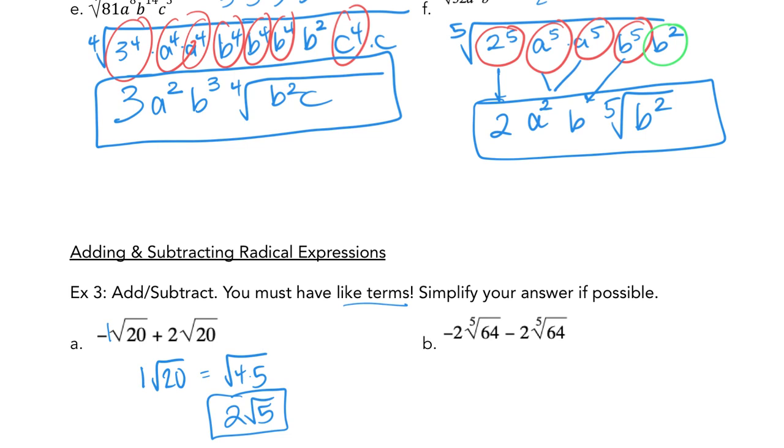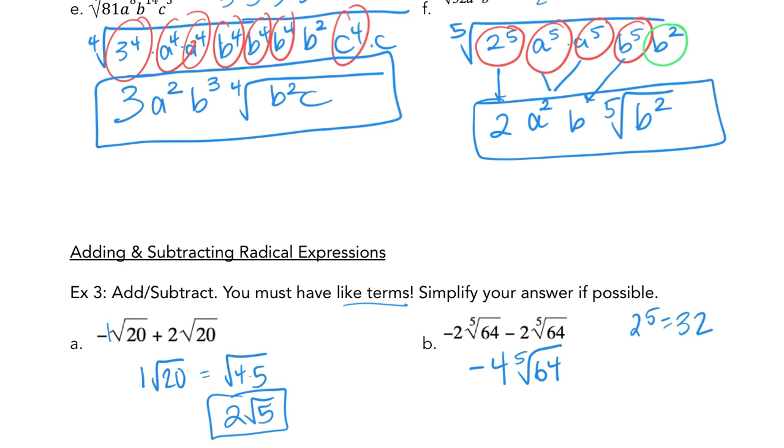This next one, we've got negative 2 fifth root 64 minus 2 fifth root 64. We're just going to deal with the coefficients there. So negative 4 fifth root of 64. And then I want to be sure to double check, can I reduce the fifth root of 64? Well, we just said that 2 to the 5th was 32.